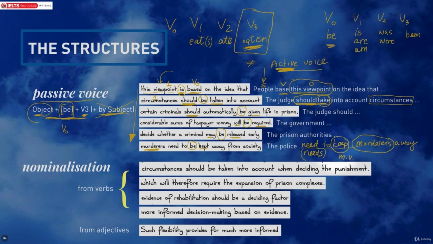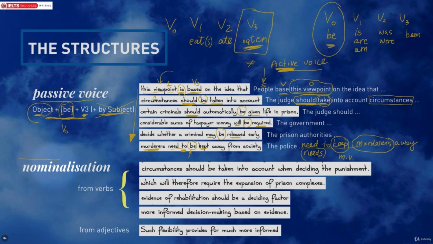So keep becomes kept, and then need to stays the same, and then we add the auxiliary verb, in this case be, again a verb 0 because we've got the infinitive to be or not to be. So no change of the verb be here, away from society. Okay, so we'll come back to nominalization. Let's just do a little bit more practice of the passive voice.